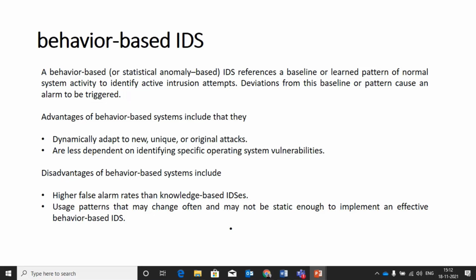The advantage is that it will dynamically adapt to new, unique, and original attacks, because if some pattern is coming, it will learn very quickly, and it is less dependent on identifying operating system vulnerabilities. The disadvantage is that it has a higher false alarm rate, because if a new attack is coming and you don't have any pattern, maybe it will not give the correct value. It also uses patterns that may change often and may not be static enough to implement effective behavior-based IDS.